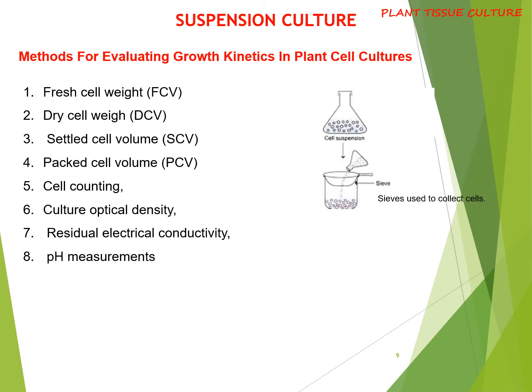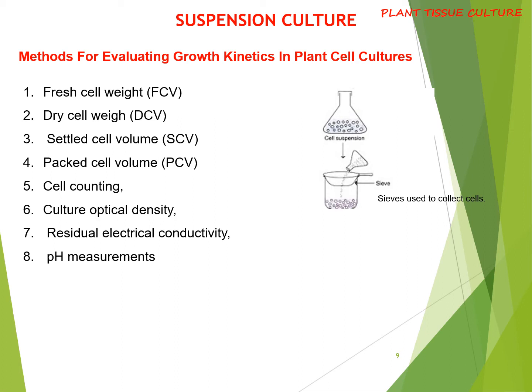The methods to evaluate the growth kinetics in a plant cell tissue culture are by estimating the cell weight, both wet and dry, settled cell volume, packed cell volume, cell counting, the culture optical density, the residual electrical conductivity, and pH measurements. How to estimate the fresh cell weight?